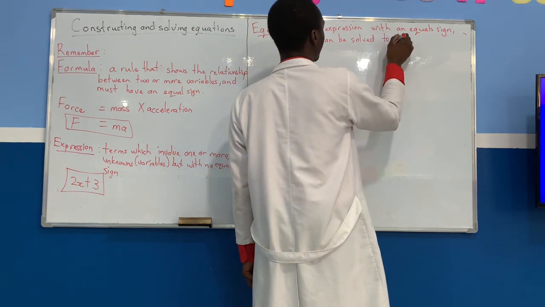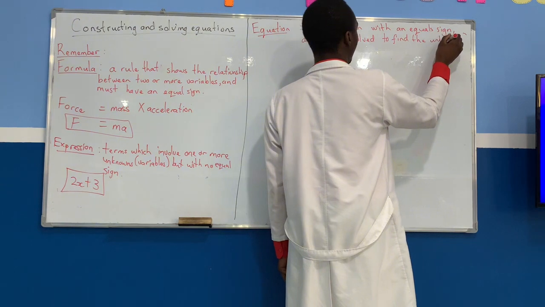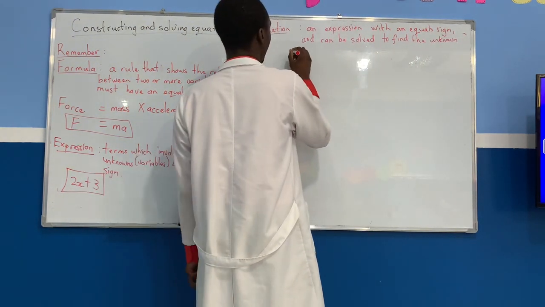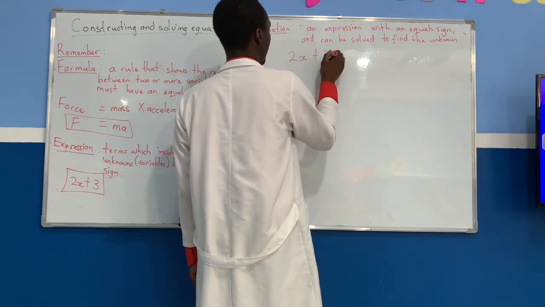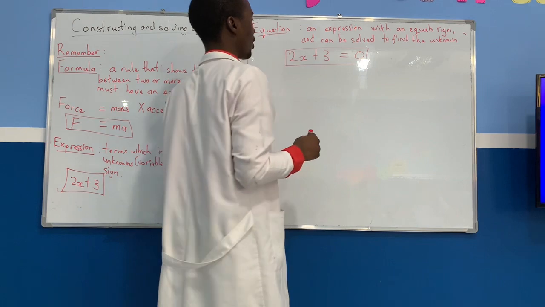So an equation is an expression with an equal sign that can be solved to find the value of the unknown. In this case, let's say for example, 2x plus 3 equals 0.